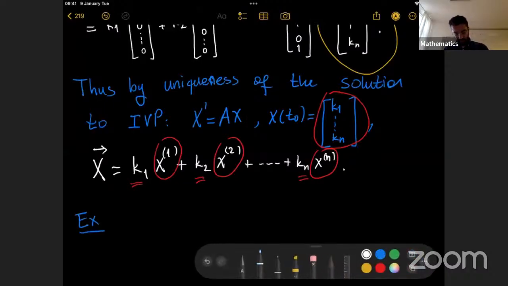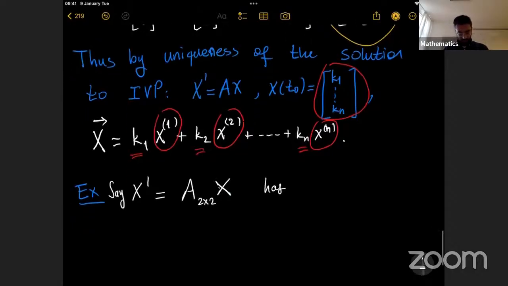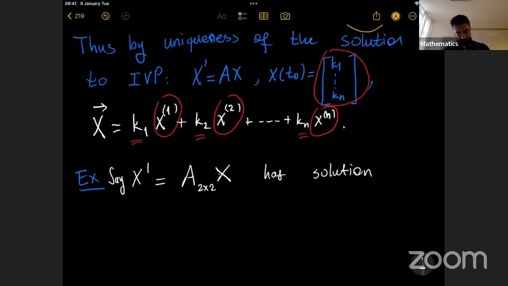So suppose that we have a system like this: X prime is equal to A, a 2 by 2 matrix, times X. Say this has solutions X1, X2.